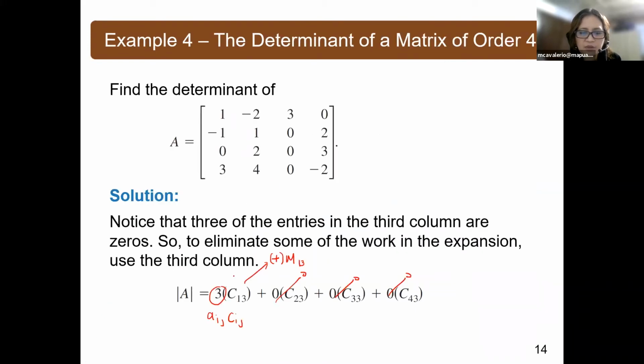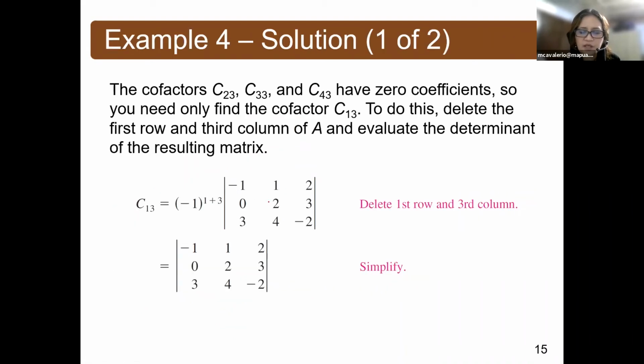So we eliminate the first row and the third column, and we're left with the submatrix that contains negative 1, 1, 2, 0, 2, 3, 3, 4, and negative 2. Remember that this is the minor M13, and cofactor C13 is simply positive M13. So to find the minor M13, we need to find the determinant of this matrix.